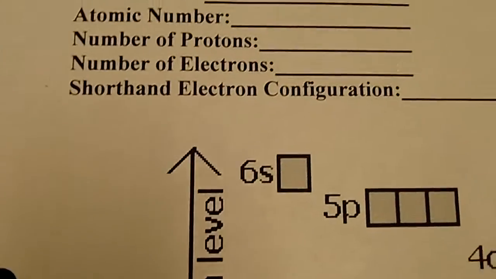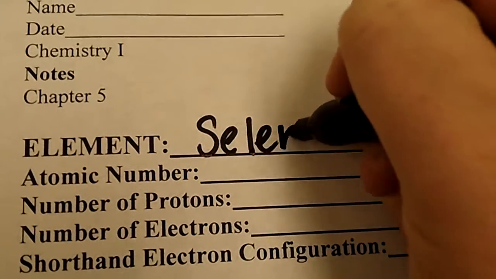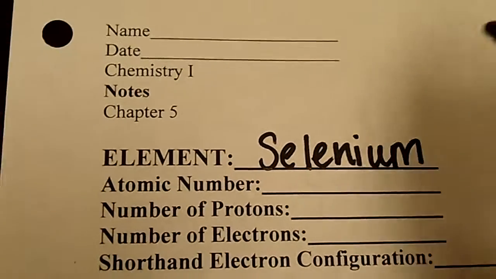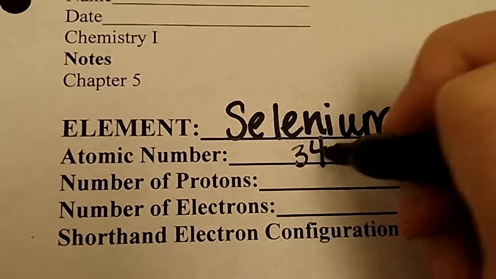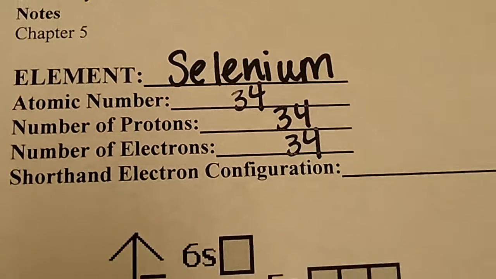Okay, so selenium, again, we are looking at 34. So I'm going to write that. Atomic number 34. So there are 34 protons and 34 electrons. I'm going to go through and fill them.